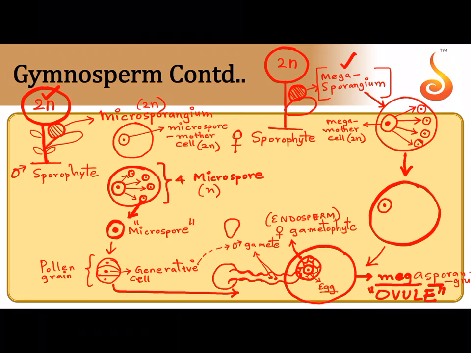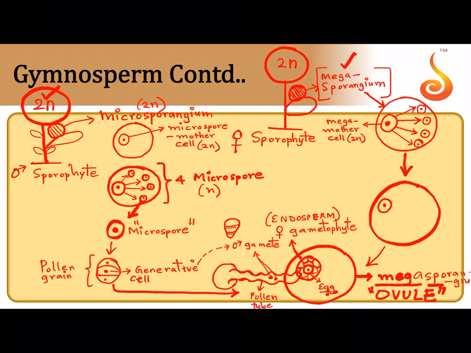Actually, the male gamete in some of them are top shaped with cilia, rings of cilia, spiral cilia. So they're actually swimming in the cytoplasm of this pollen tube. Their job is to form what? Their job is to fuse with the egg to form a zygote.